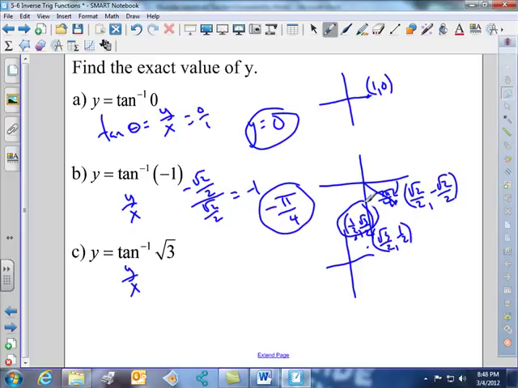Well, let's take a look at this one. If you put radical 3 over 2 over 1/2, these 2's cancel out, and that gives you radical 3. So this coordinate that I circled is our answer. Well, the angle that's there is pi over 3. So my answer is pi over 3.